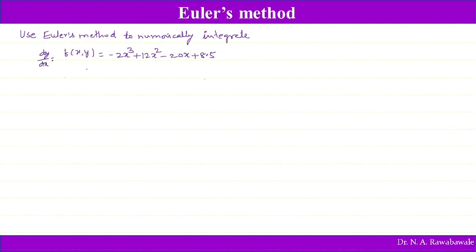The actual function y is given as minus 0.5x to the power of 4 plus 4x to the power of 3 minus 10x square plus 8.5x plus 1.